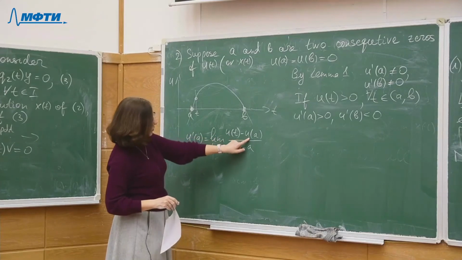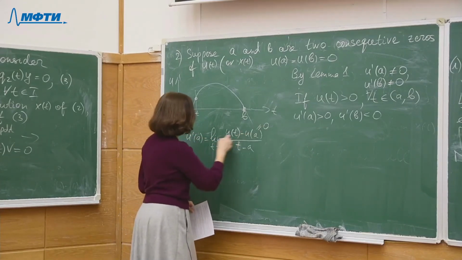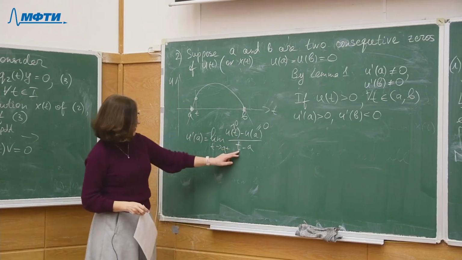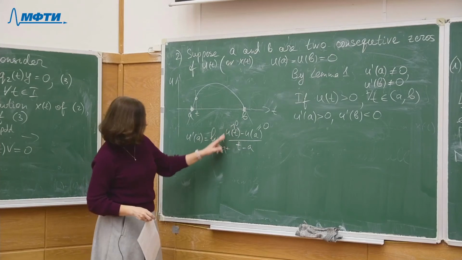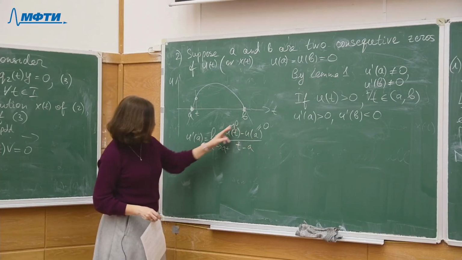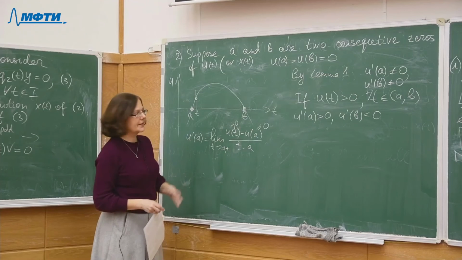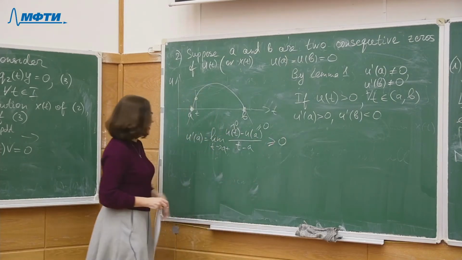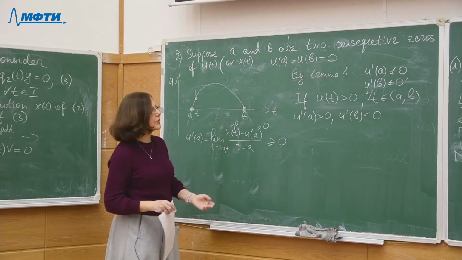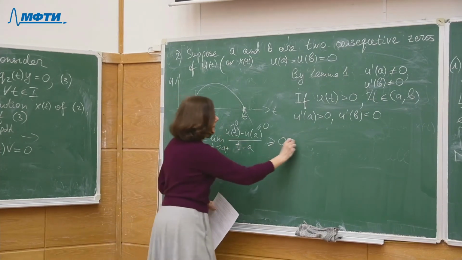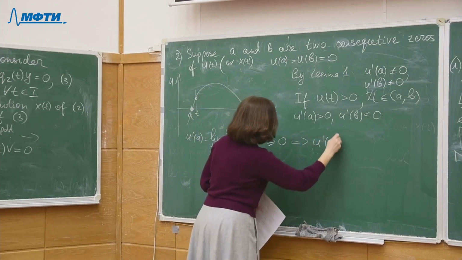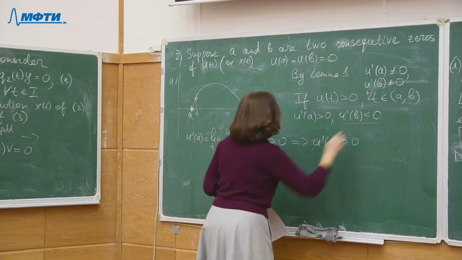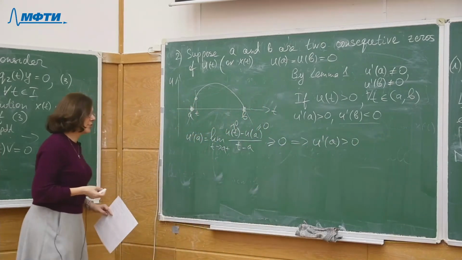So we know that u of a is 0 and u of t is greater than 0, and t is greater than a. So you can see that this quotient is greater than 0, and the limit is greater than or equal to 0. But since it cannot be equal to 0 because of lemma 1, it follows that u prime of a is greater than 0. Similarly, we can prove that u prime of b is less than 0.